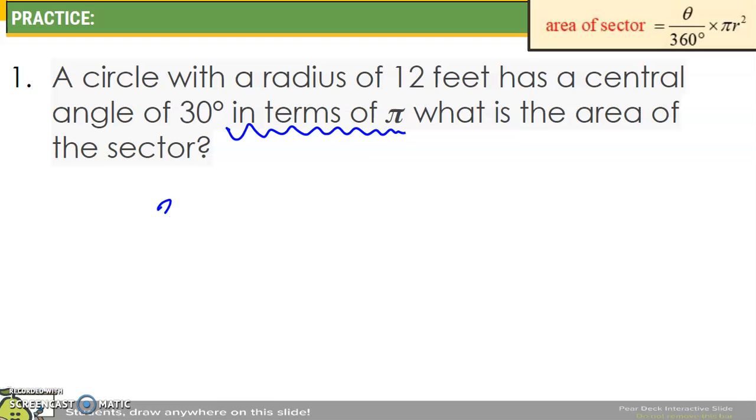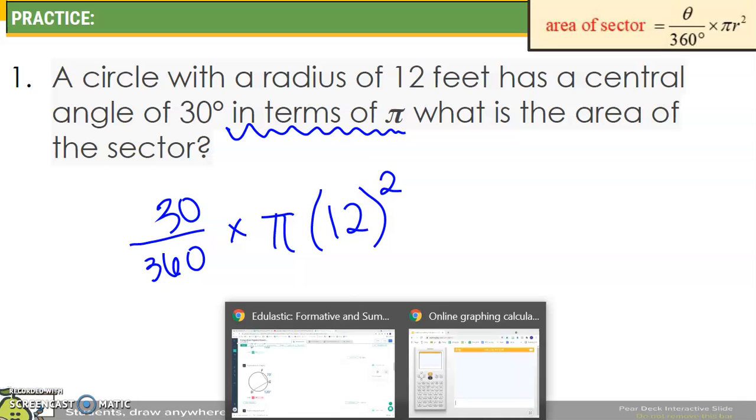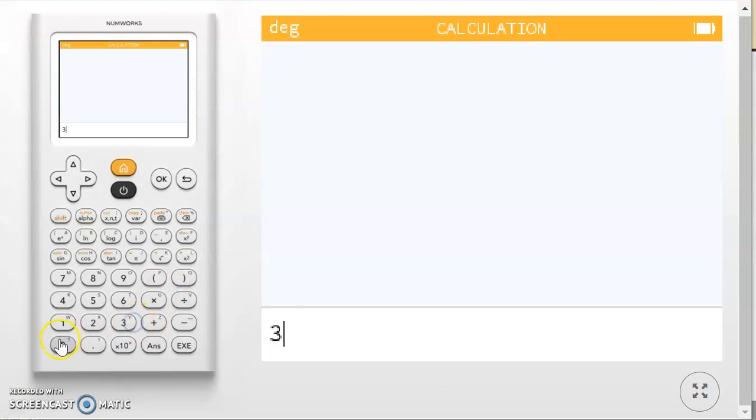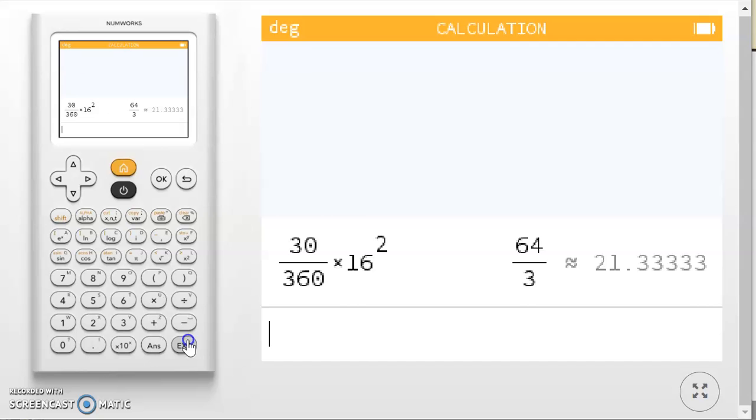So let's start by using that central angle over 360 times pi r squared, which is 12 squared. When I get my calculator open, again, we're not going to calculate that pi. So we have 30 over 360, arrow, times 16 squared. Enter.